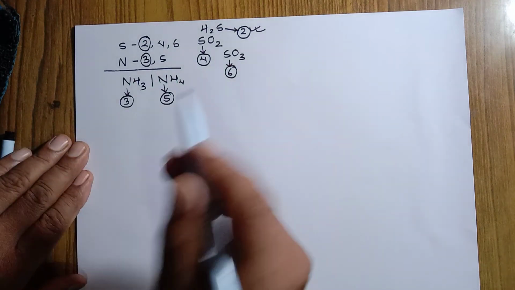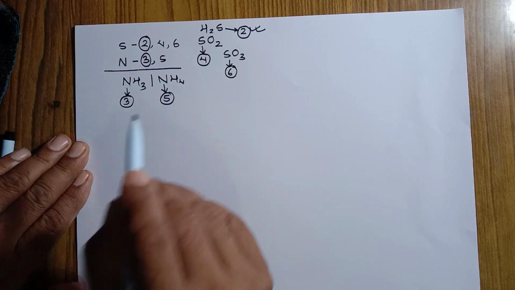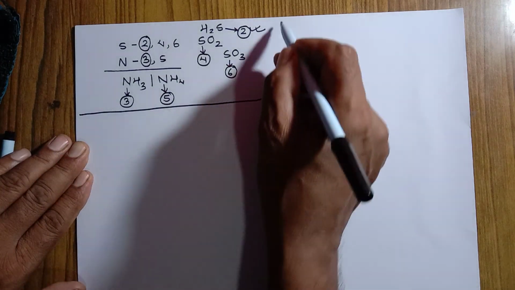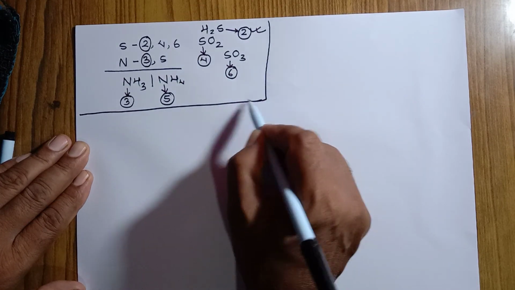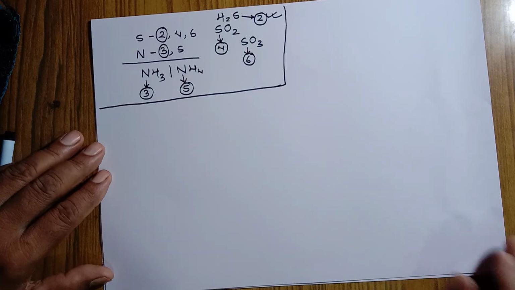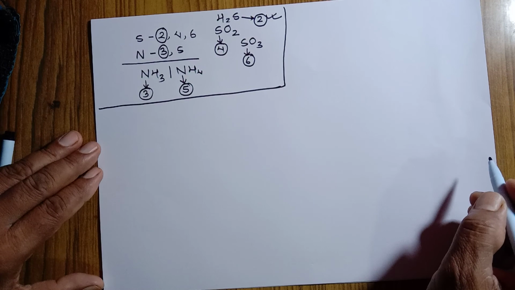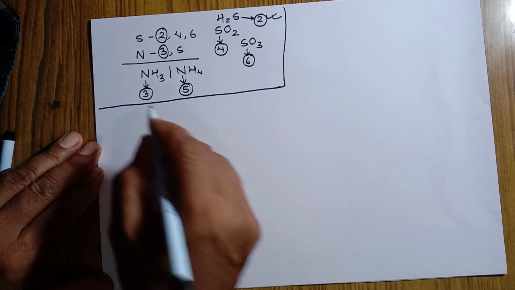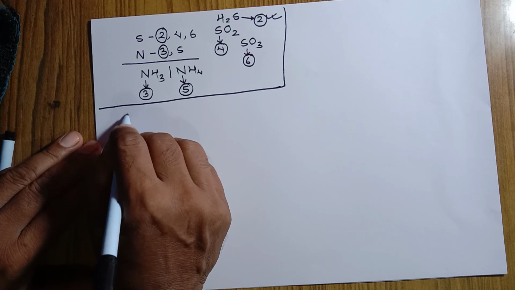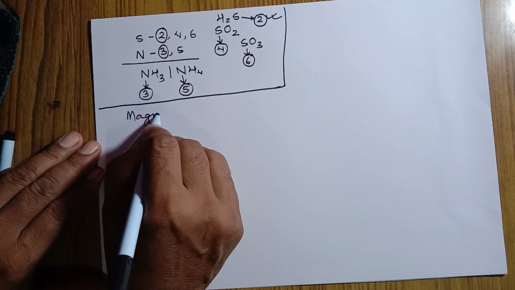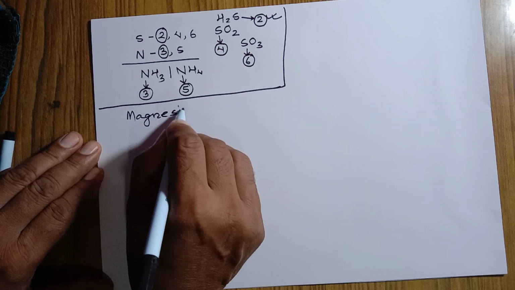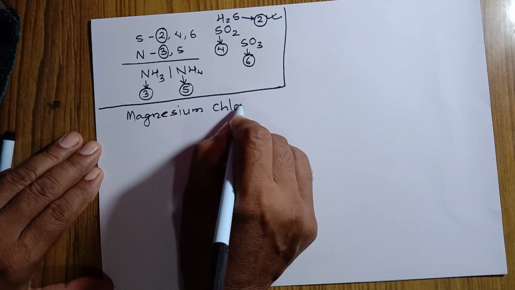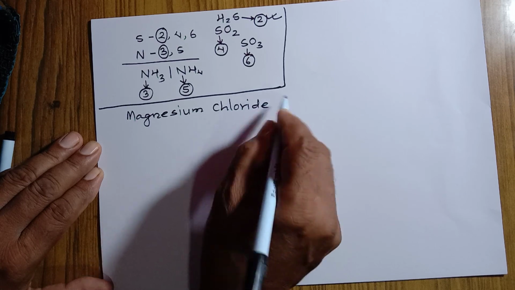Now we are starting molecular formula. How to write molecular formula? Look at this. I want to take some compounds and I'm writing molecular formulas of these compounds. Let's say magnesium chloride, magnesium, chloride.